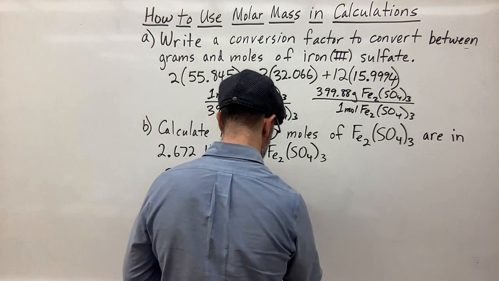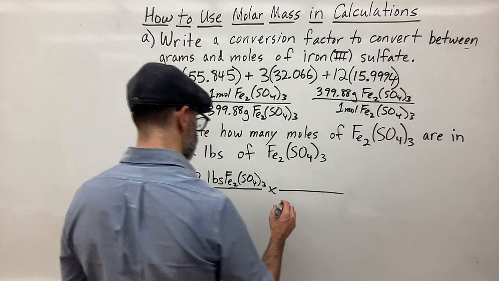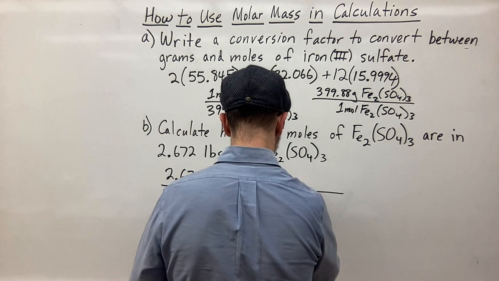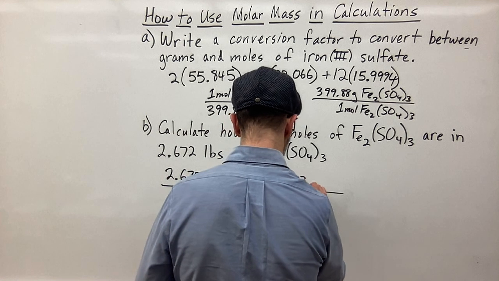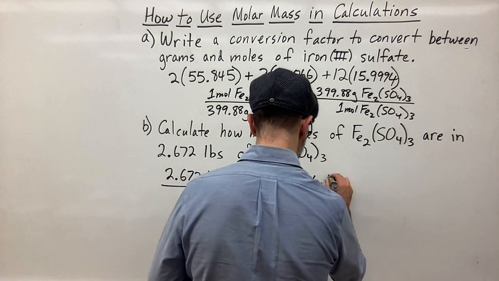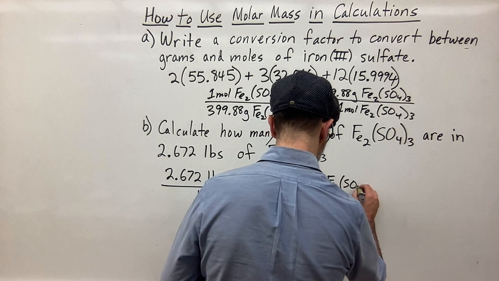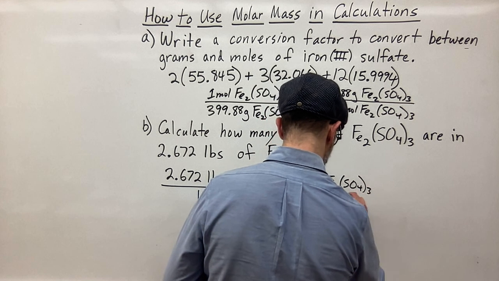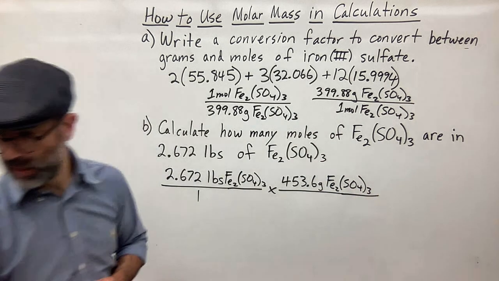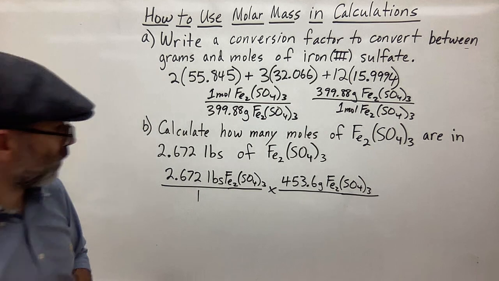And now I'm going to use grams. So again, 453.6 grams of the Fe2(SO4)3. And just double check, 453.6.